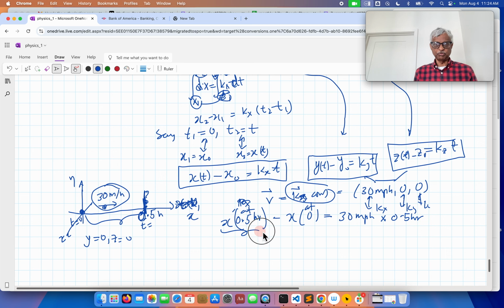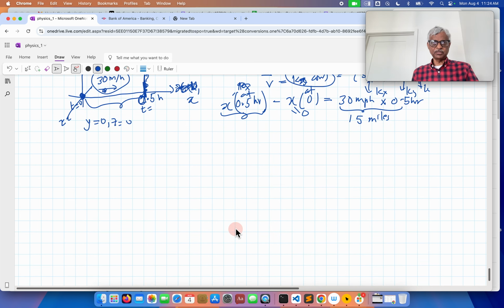So this is what we want, and in this situation it is 0. So this is 15 miles. So you know it's going to be 15 miles. I just want to show you that these equations are very easy to use.